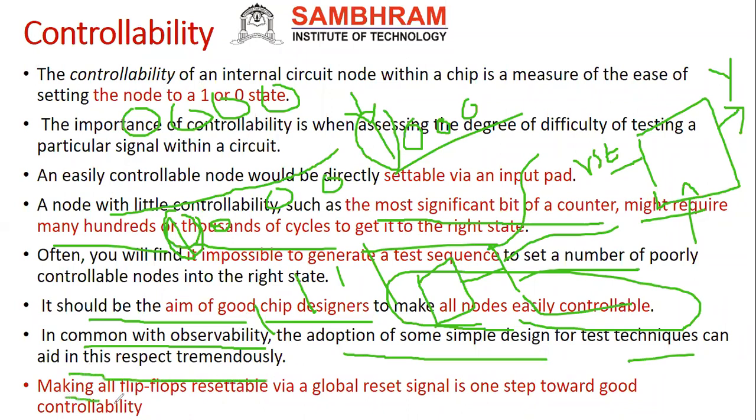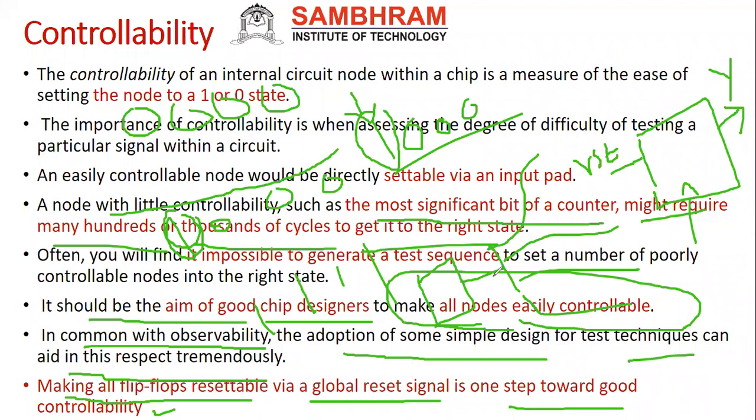So making all flip-flops resettable via a global reset signal is one step forward for good controllability. Normally, if you have a circuit, there may be many flip-flops in the internal circuit. What I should do is reset all the flip-flops globally. Globally means externally we may have one reset signal. We have to reset all the flip-flops to perform any testing.